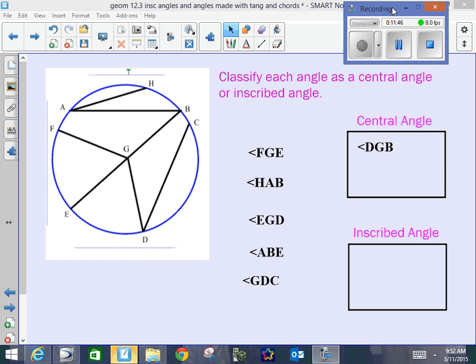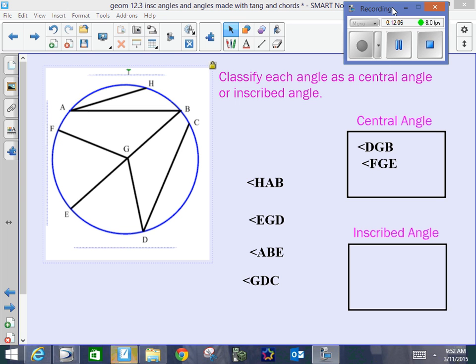Central. Look at the center, it's G. DGB is the central angle. What about FGE? Central again. The center is G, and the radii are the sides.